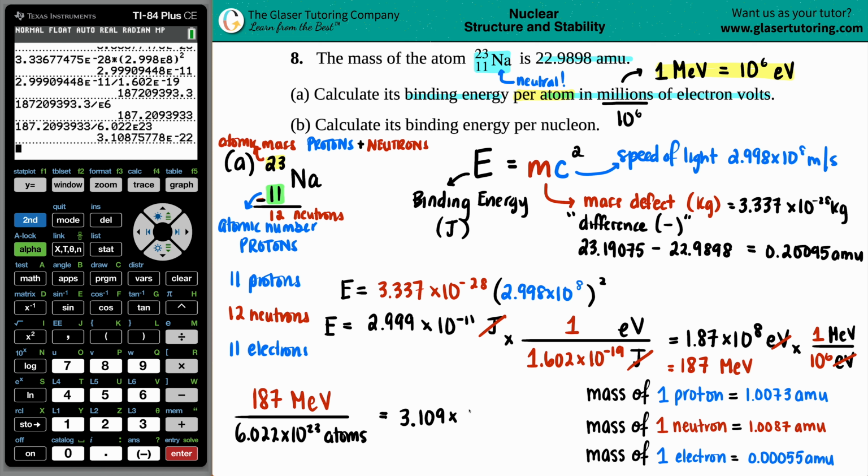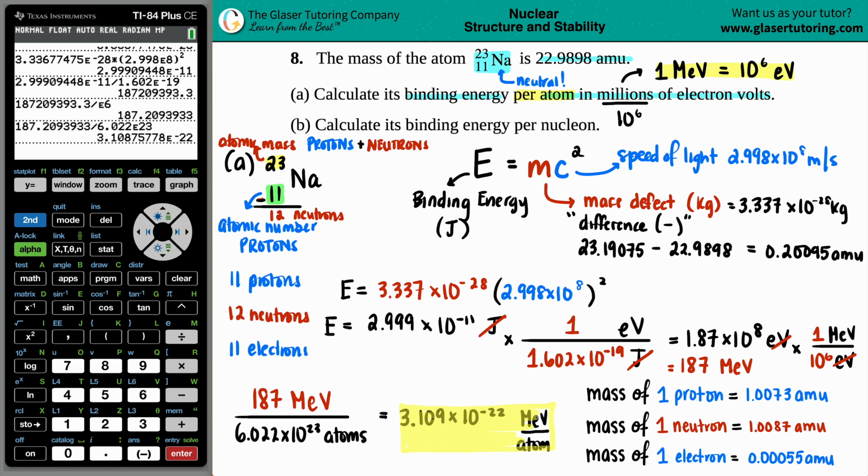But they said per atom. And that's now going to be joules. Actually, no joules. Mega eVs per atom. And there you go. But if they secretly wanted mega electron volts per mole, that would be the 187.